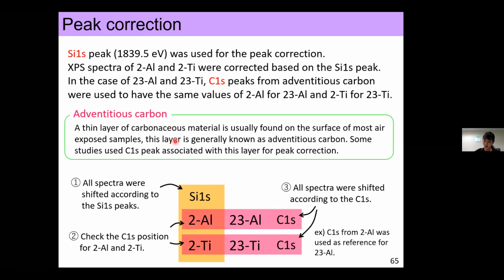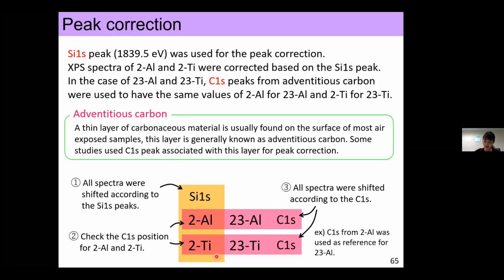Their peak correction method is unique. I'd like to show it here, but in detail, please check later by yourself. Basically, they use the silicon 1s peak for the correction for 2Al and 2 titanium.